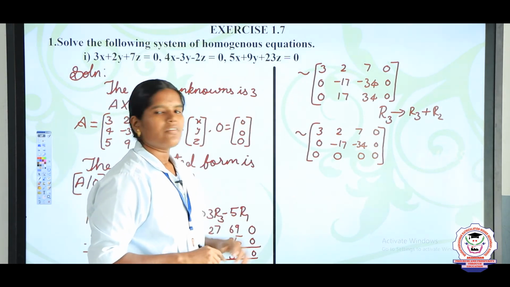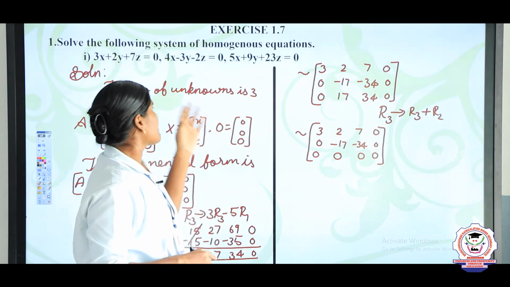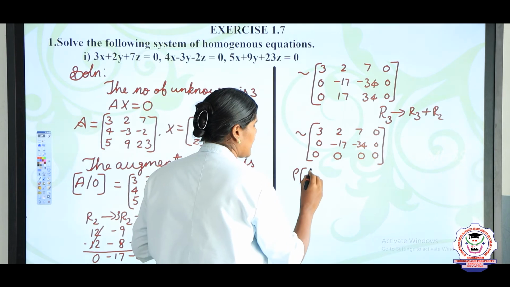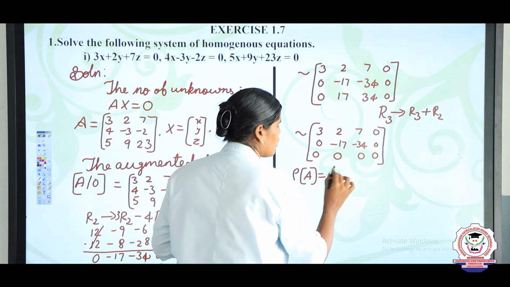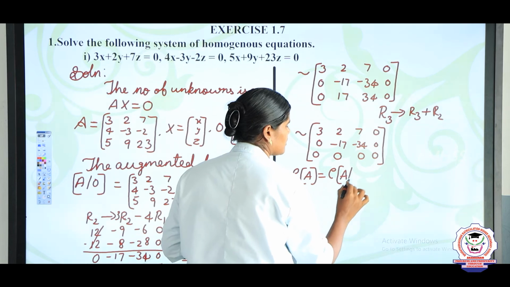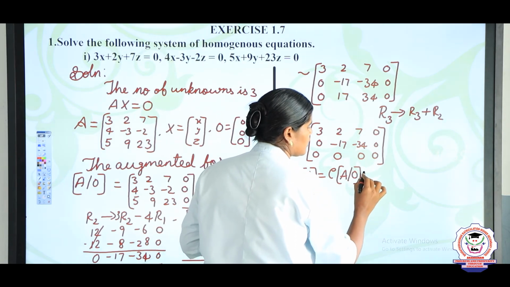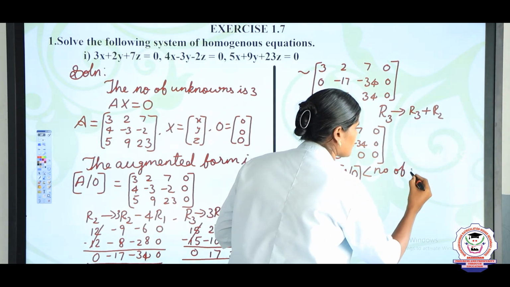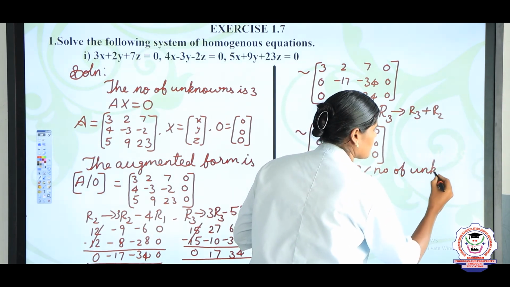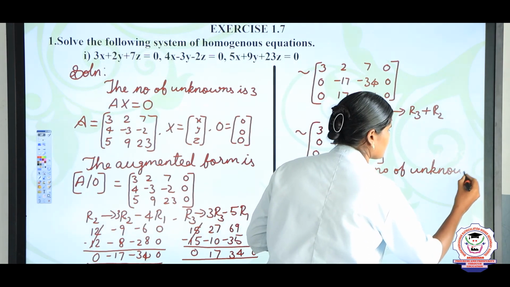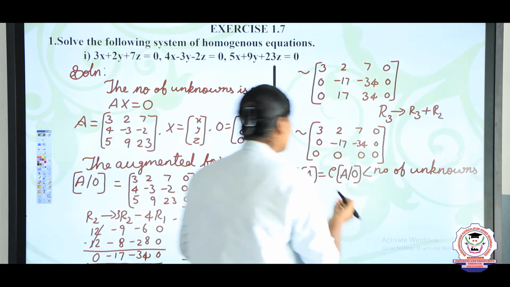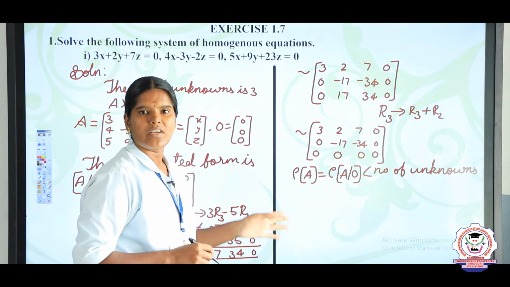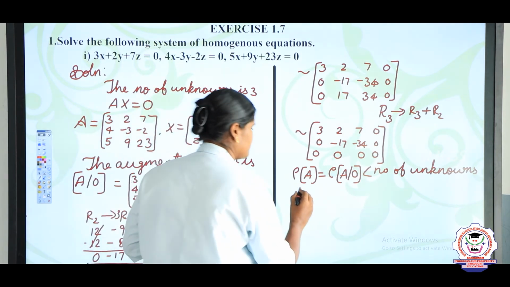Now, the rank of A matrix is 2 but less than the number of unknowns. Okay. So, the rank of A is less than the number of unknowns. So, the system is consistent with infinite number of solutions.